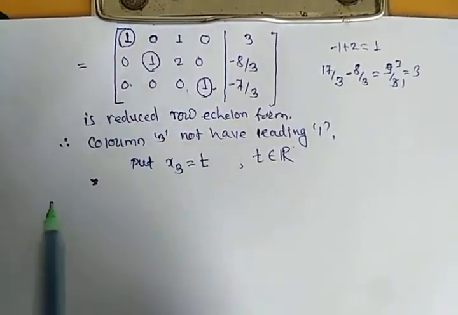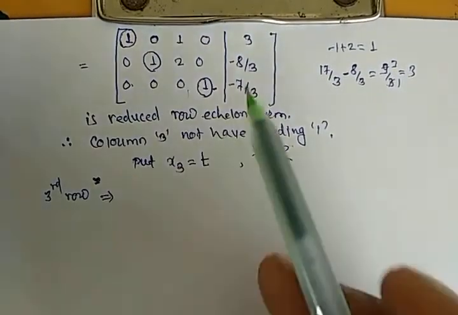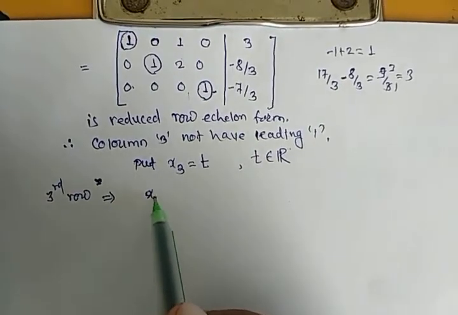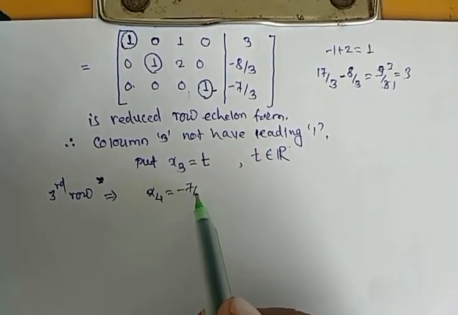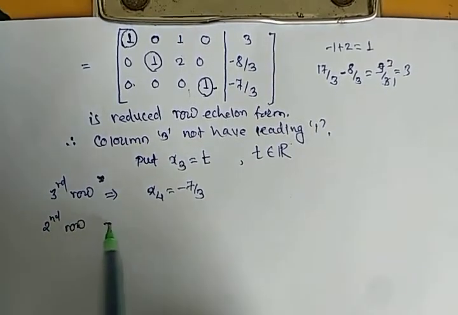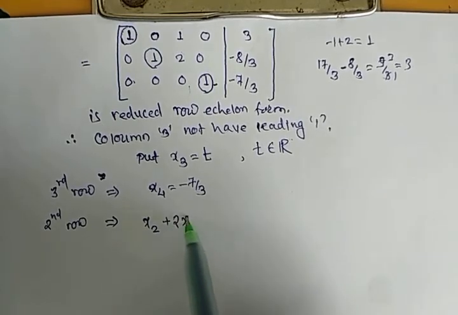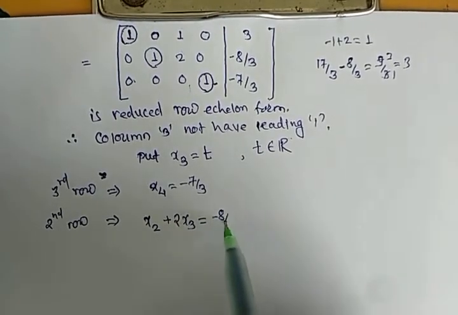Now from the third row, we have x4 is equal to minus 7 upon 3. From the second row we have x2 plus twice x3 is equal to minus 8 upon 3.